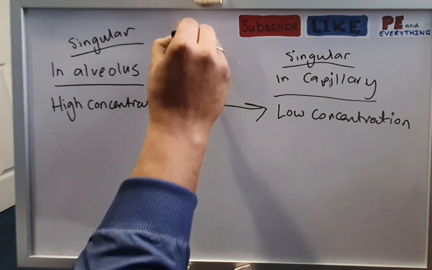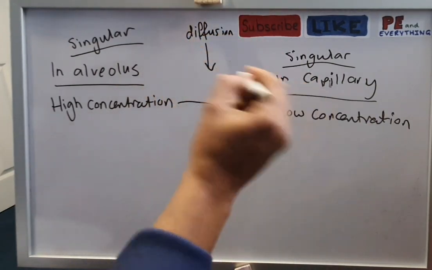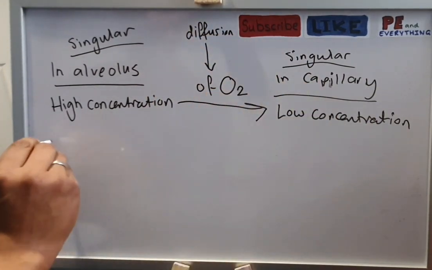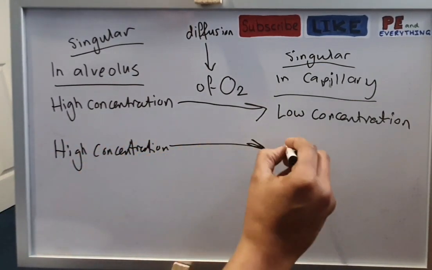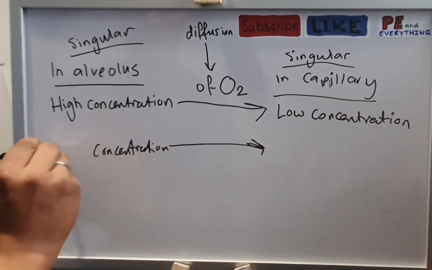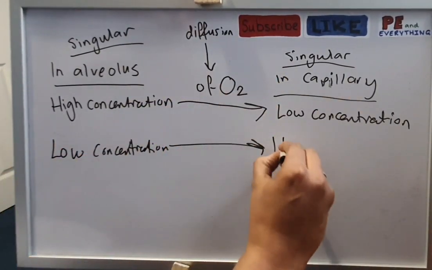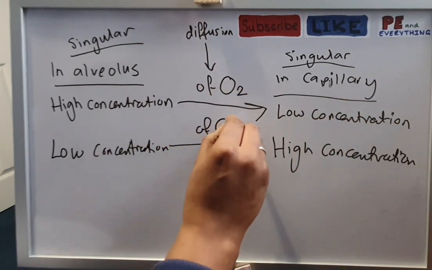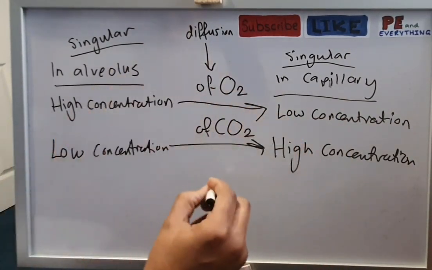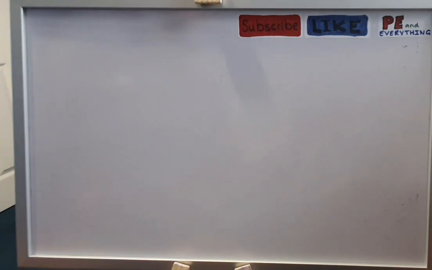This process is called diffusion, and that is of oxygen. Now the opposite would be low concentration to a high concentration, and that would be of carbon dioxide, vice versa.